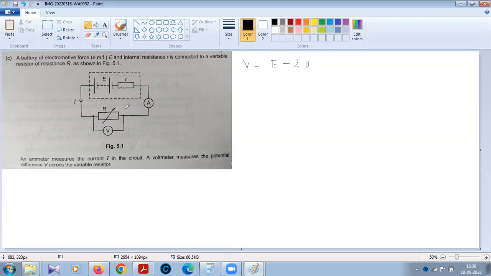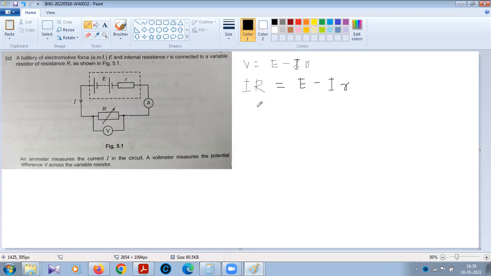And this V that appears across this rheostat, the variable resistor, is the same V that is appearing here. So from Ohm's law, I can write V as I into R. So I into R is equal to E minus I into small r.